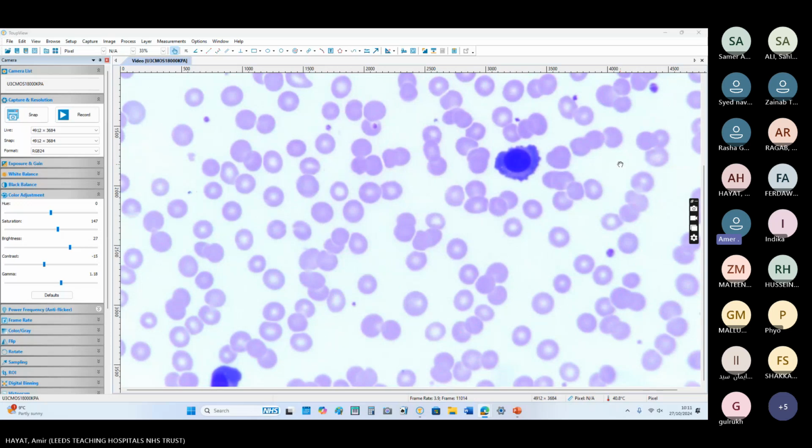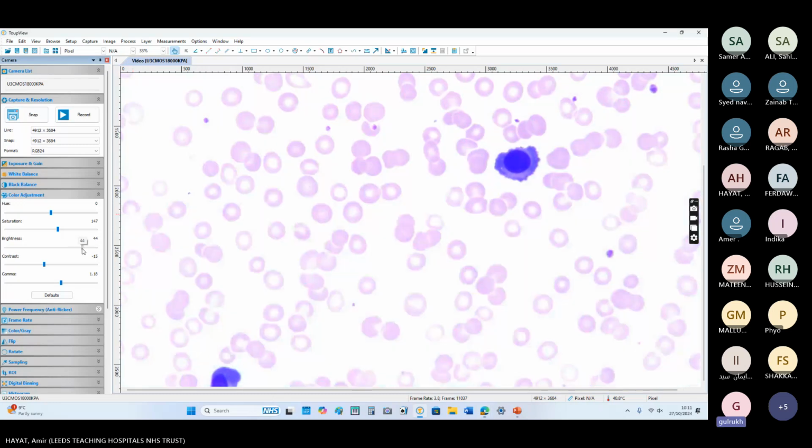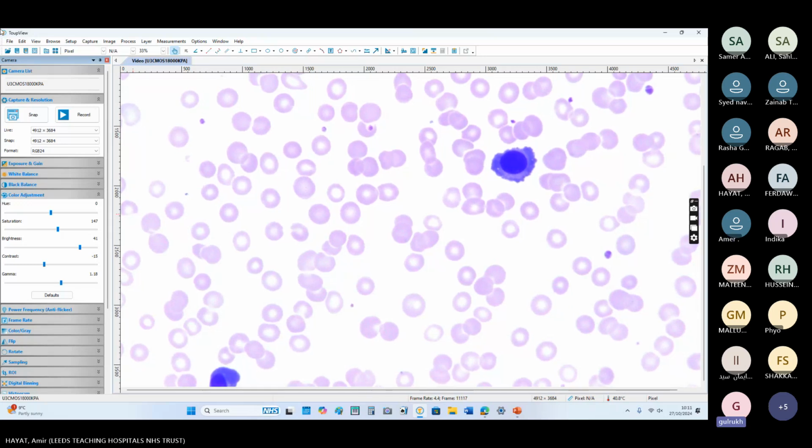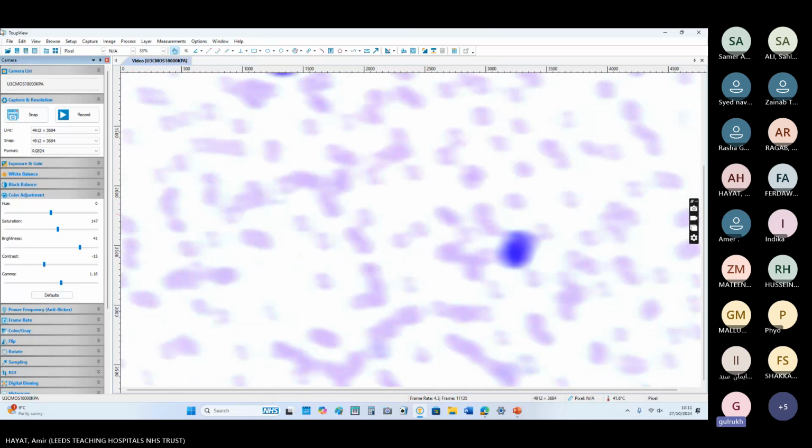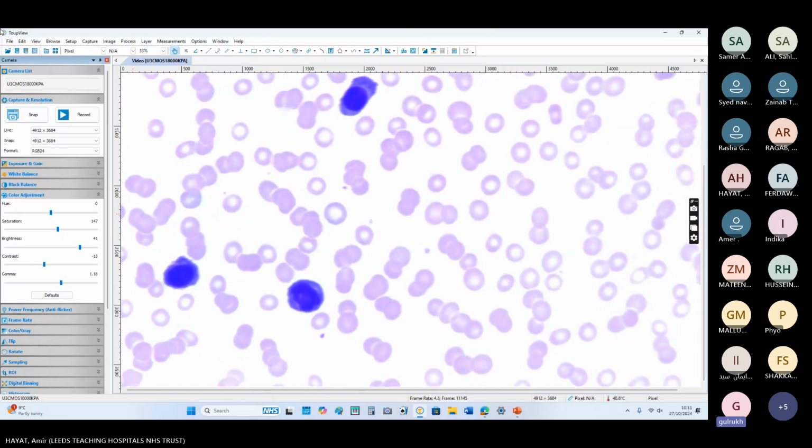What is this? Plasmacytoid lymphocytes in the blood film. Why are you calling it plasmacytoid? They do not have the typical plasma cell morphology. What is the typical plasma cell morphology? They're medium-sized cells with eccentric nucleus, clock-face shaped nucleus, and cytoplasm which should be basophilic.